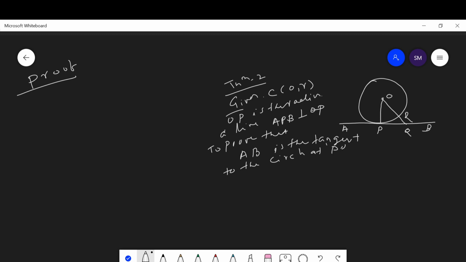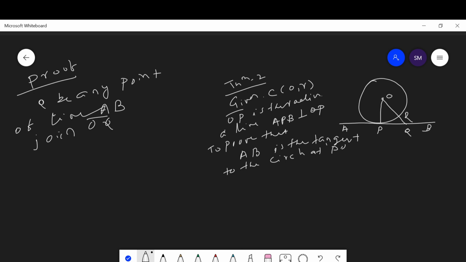Here it is given that Q is any point of line AB, and join OQ which intersects the circle at R.